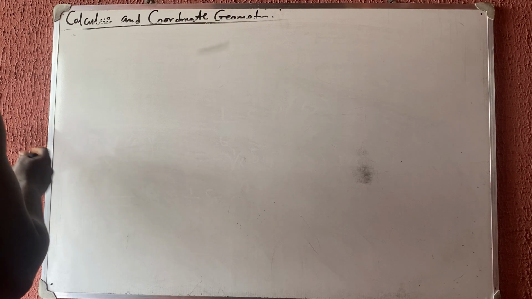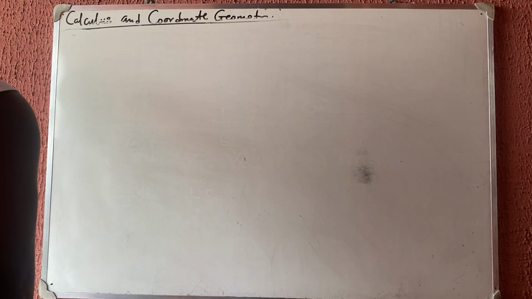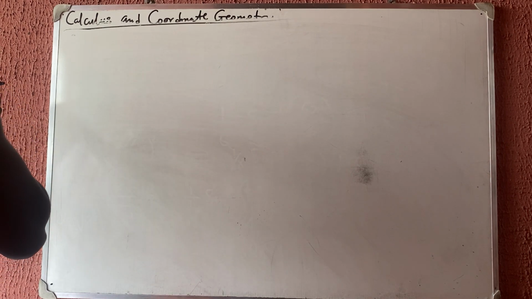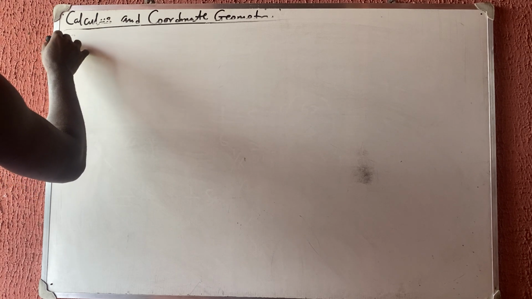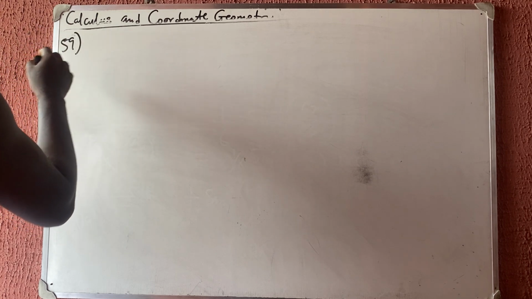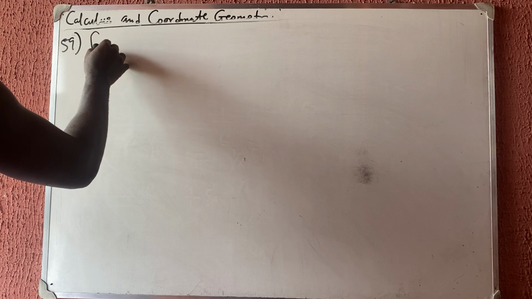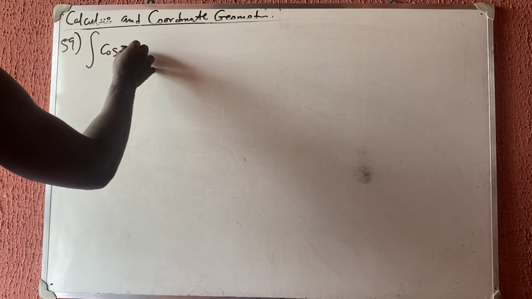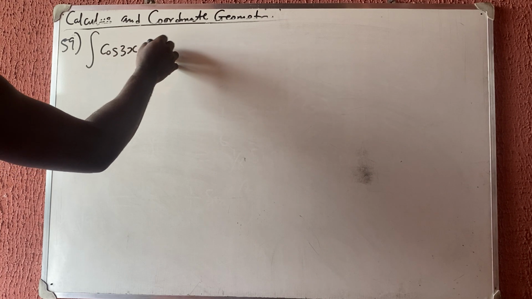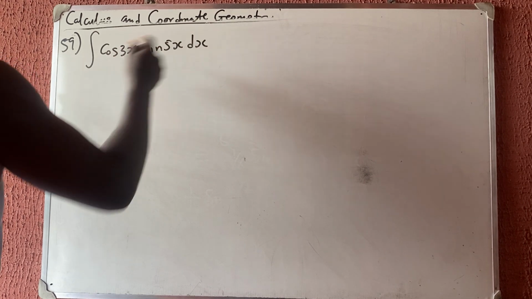Okay, the next one is question number 59. Question number 59 says the integral of cos 3x sin 5x dx.